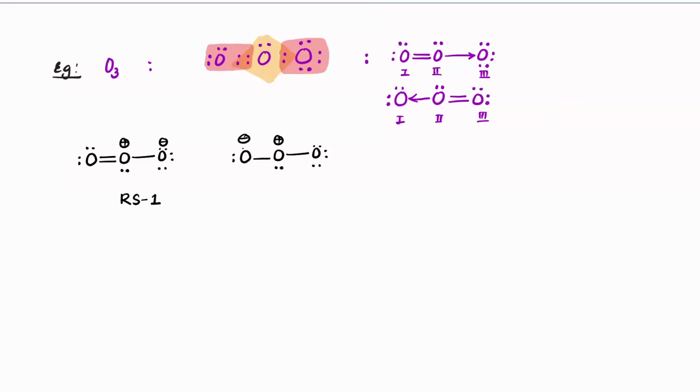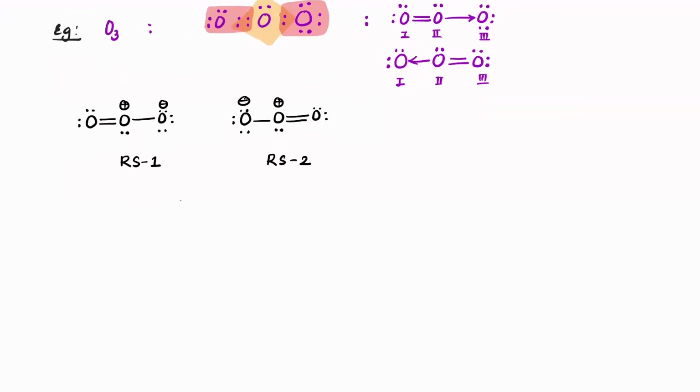So minus here, lone pair and lone pair. Here I have a double bond, no lone pair here. So let me call this RS2. So there is no problem in expressing with the structure RS1 or RS2. These RS1 and RS2 are what we call resonating structures. That means you're able to represent resonating structures.